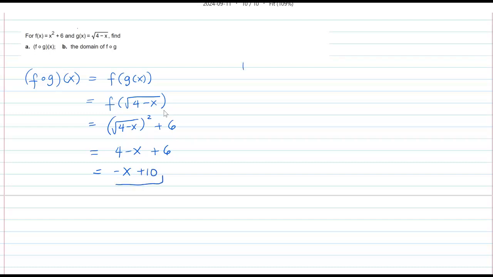Now, the next problem is to find the domain of f circle g of x. The domain of f circle g of x is not just simply finding the domain of the resulting function.